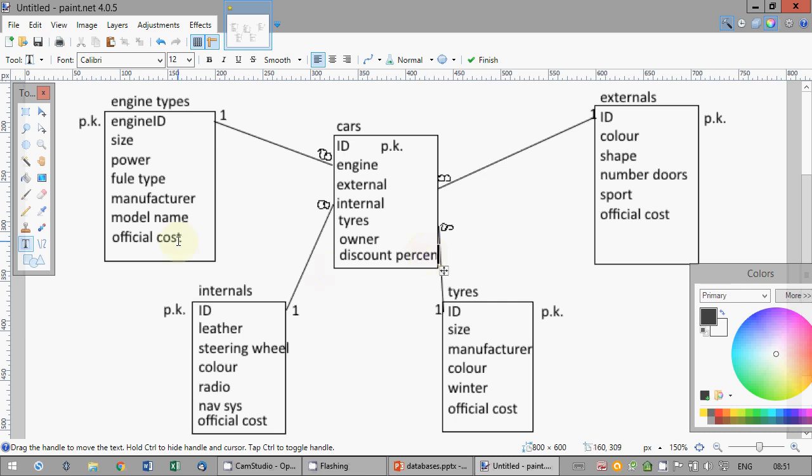So the cost is calculated automatically by the database whenever you need it. It's not stored inside the database as a datum, but it's calculated as the sum of the 4 official costs. And then the discount percentage is applied because this is typical of car selling.